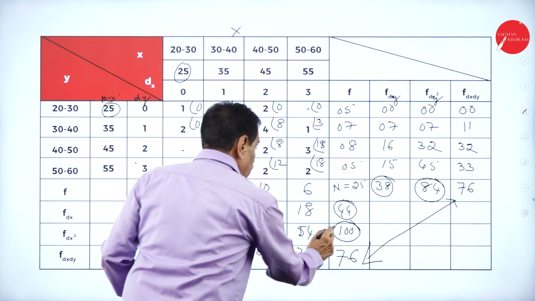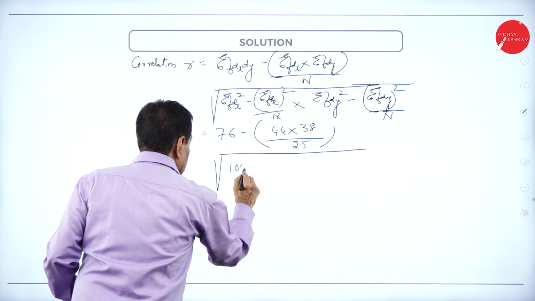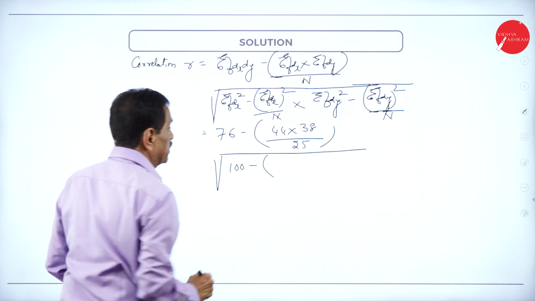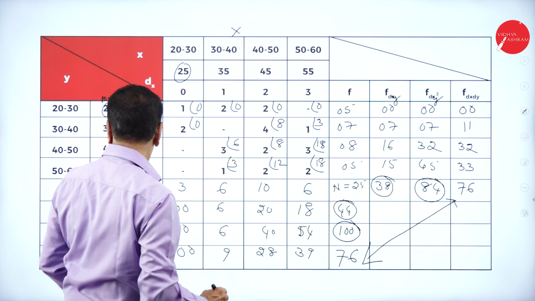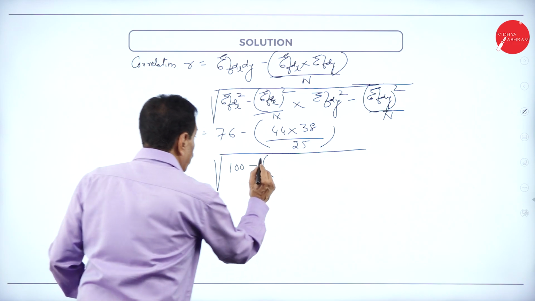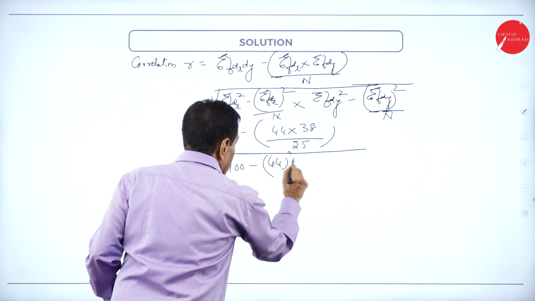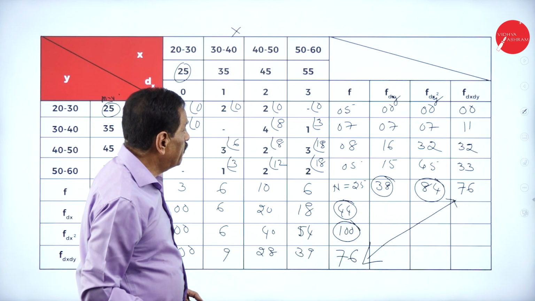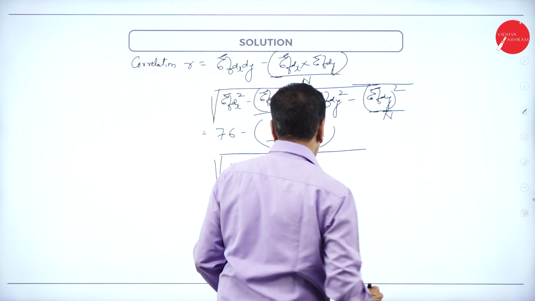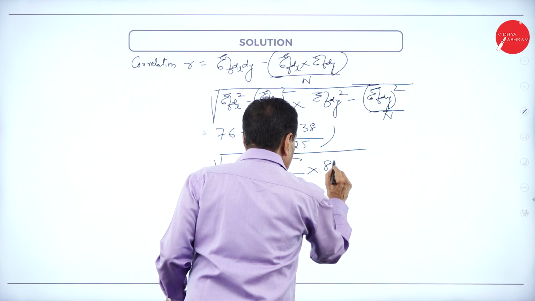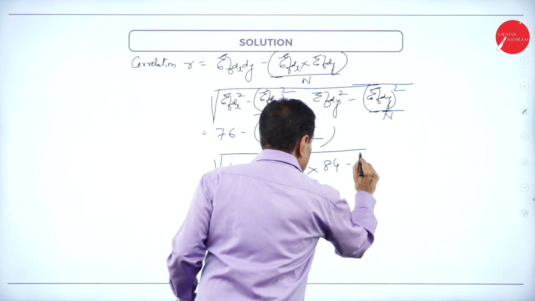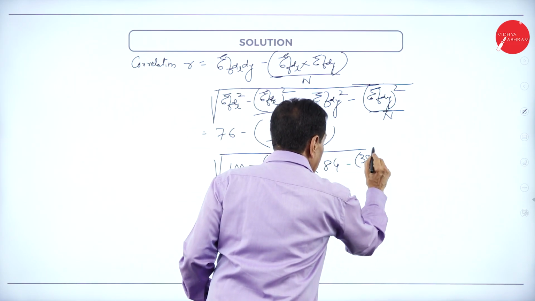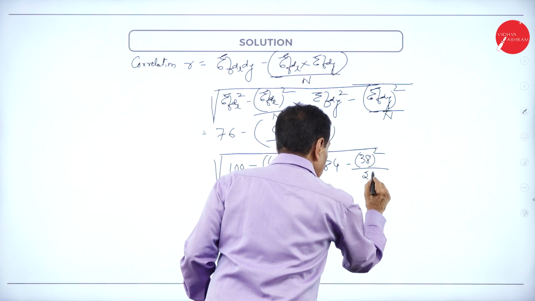Your f dx square is 100 minus your f dx 44 whole square divided by 25, into what is your f dy square? 84 minus 38 whole square divided by 25.